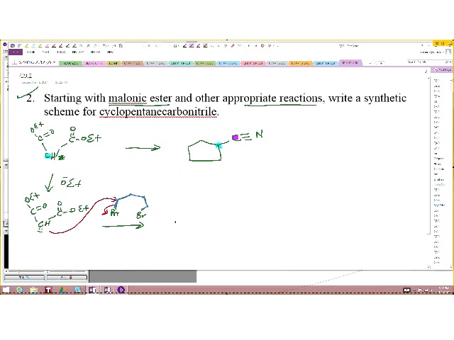So now we have this, and then you have this. This is 1, 2, 3, 4, 4 carbons. And then what is the next step?